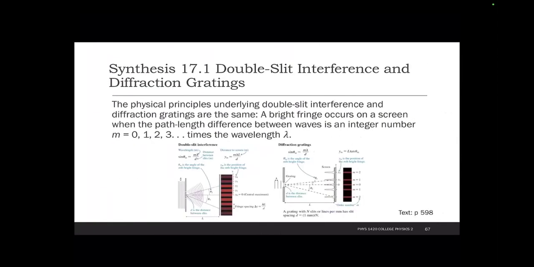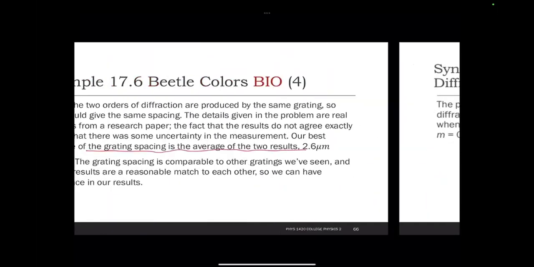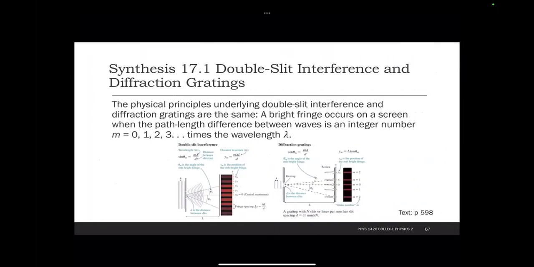Okay, this is what we talked about today. Let's summarize. In this class, we mainly talked about double slit interference and diffraction gratings. The physical principles underlying double slit interference and diffraction gratings are the same.